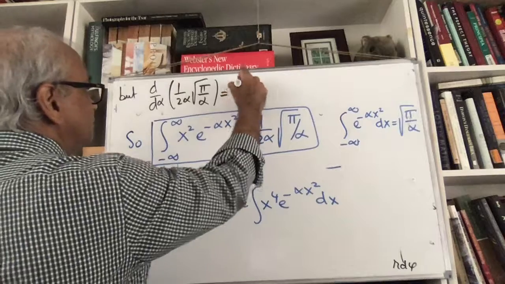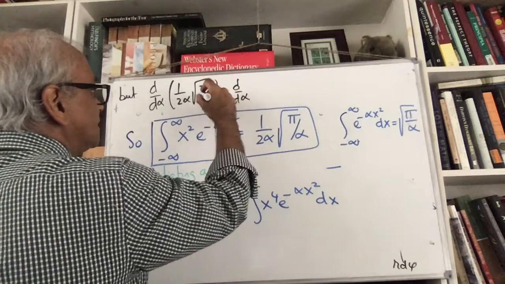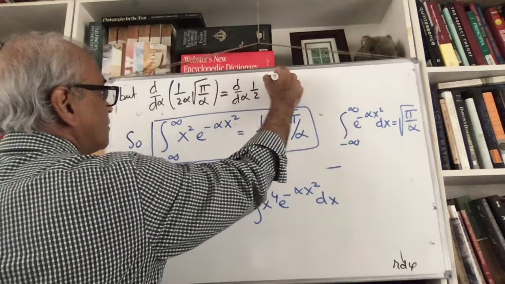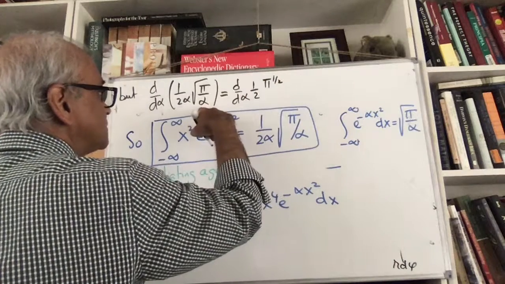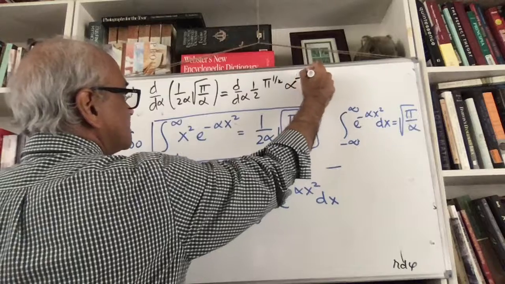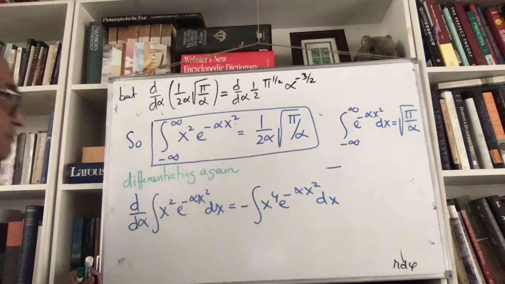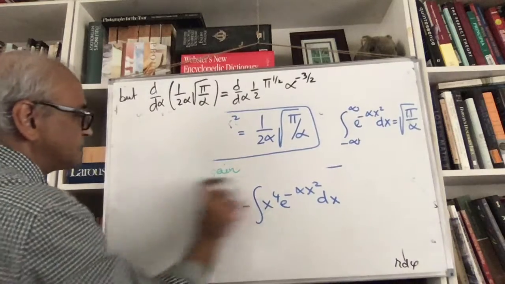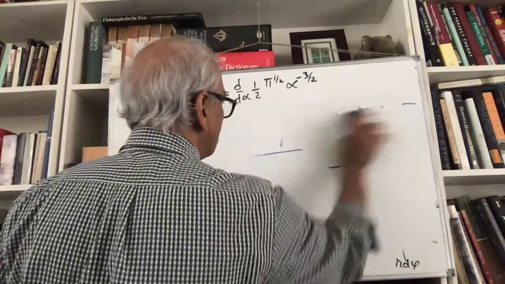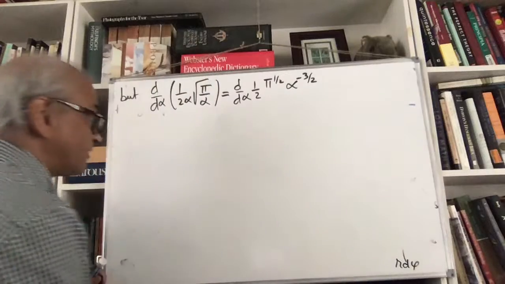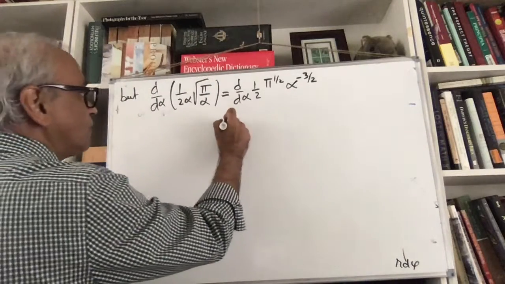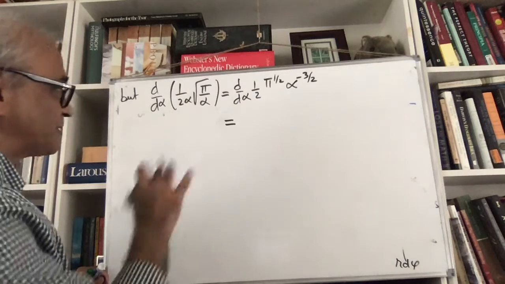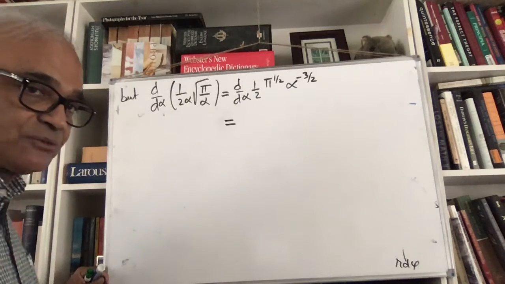Let me just redo this a little bit. This is half root pi, and this was alpha to the minus 3 over 2, right? So let me erase this. I wish I had a bigger board. We should keep all this in mind. This is getting very confusing, right? But this is also exciting in some ways, that is, we're getting to know some new techniques that we can use.